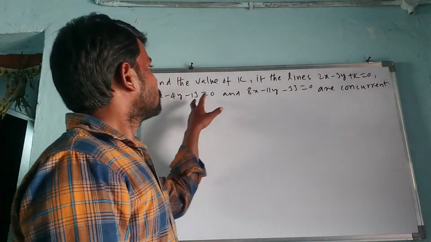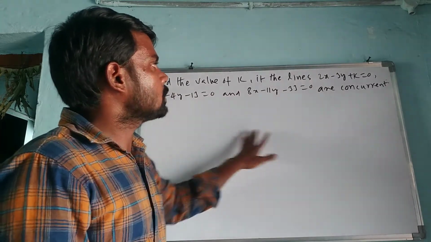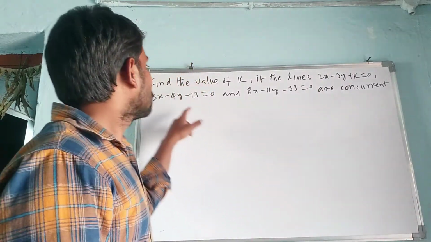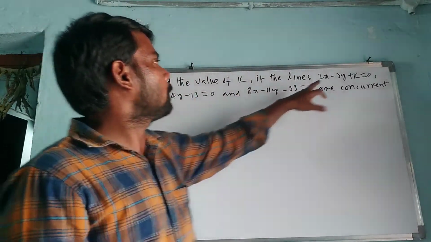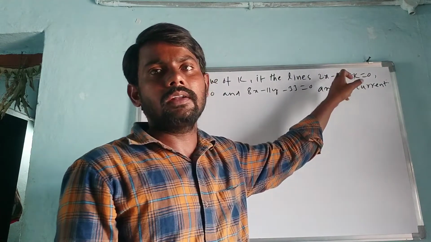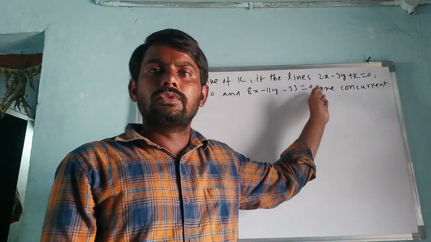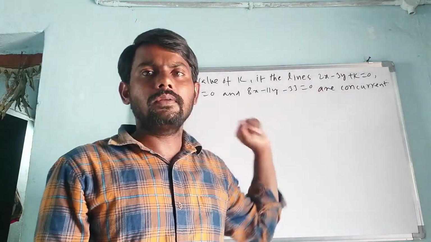Clearly, the point of intersection of these two lines is also a point of intersection of this line. You understand? Why? Because they are concurrent. As I said, two or more lines are said to be concurrent if they have a common point.